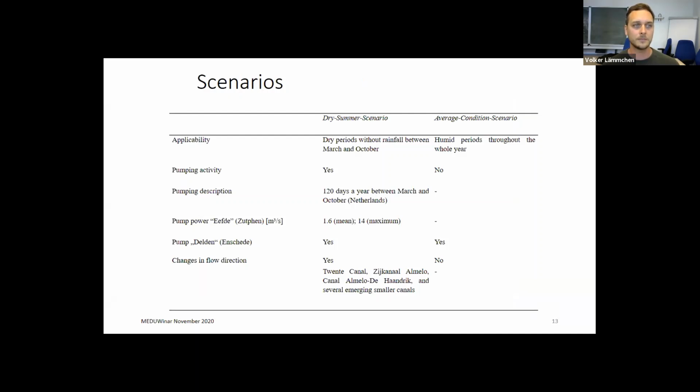And we handled this by setting up 2 scenarios, where one is a dry summer scenario and one is an average scenario, where the dry summer scenario is applicable for periods without rainfall between March and October, and the other one is for humid periods throughout the whole year where no pumping is needed. And as you can see, the dry summer scenario applies for 120 days a year between March and October, and the other 240 days we have the average condition scenario.